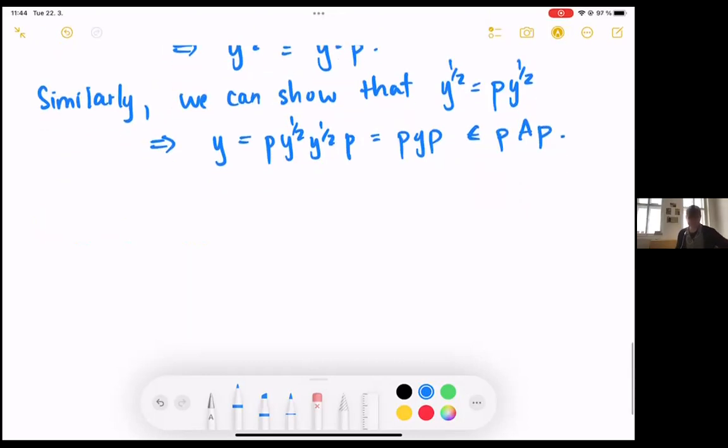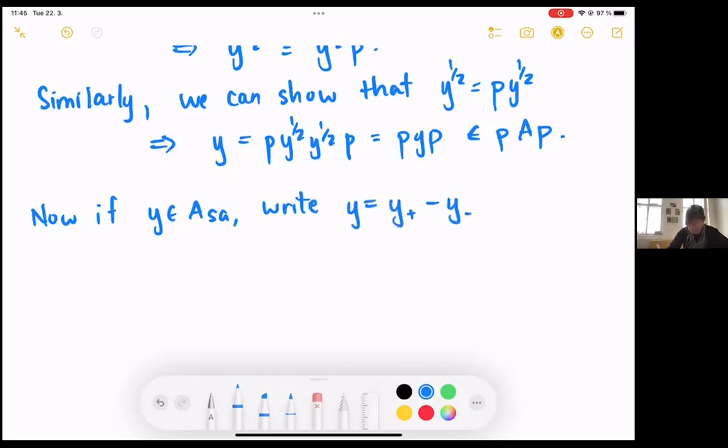Now for the general case, if Y is just self-adjoint, we can again write Y as the combination of two positive elements, Y plus and Y minus, positive.